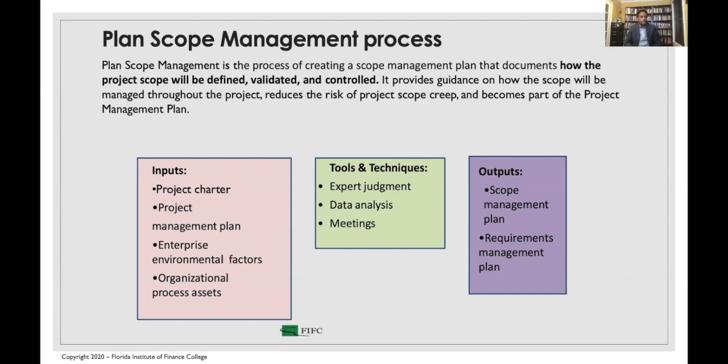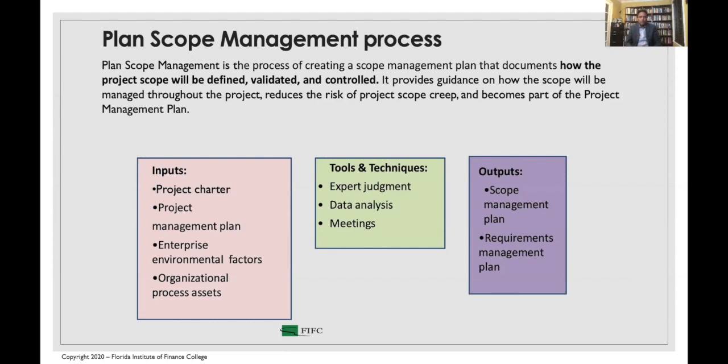And like the PMI process, to do all this, you have certain inputs, tools and techniques, and then outputs. Of course, the inputs have to do with having a proper written and approved project charter, which is very important, and the project management plan, and then some of the external and internal factors within your organization.